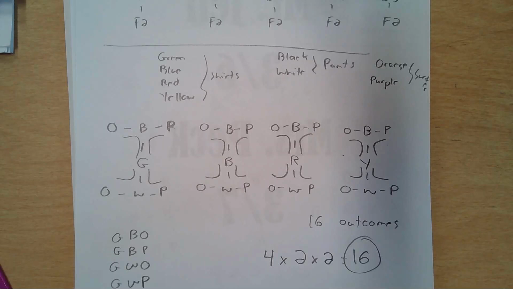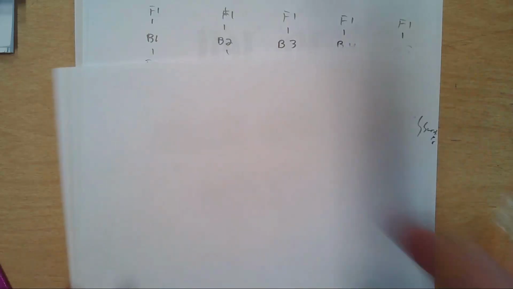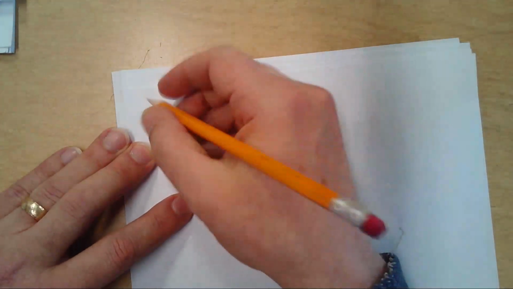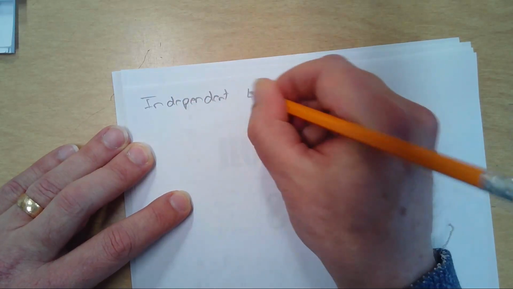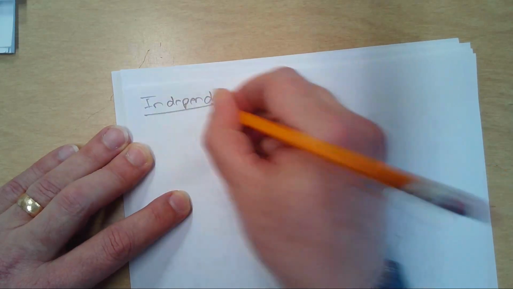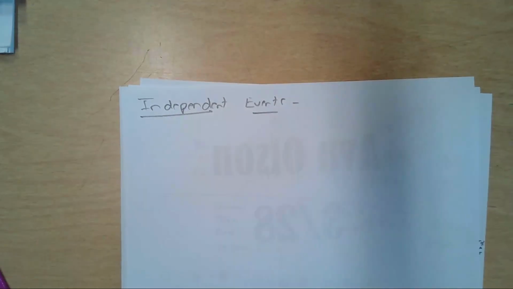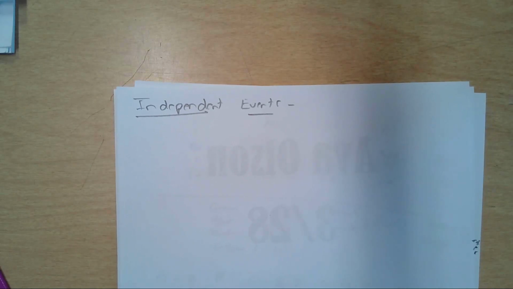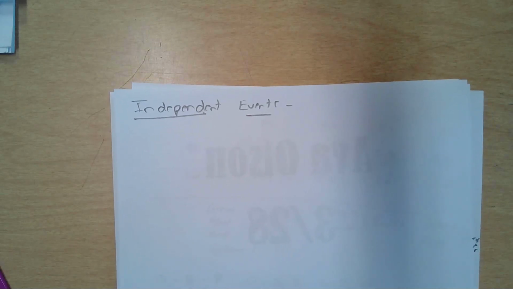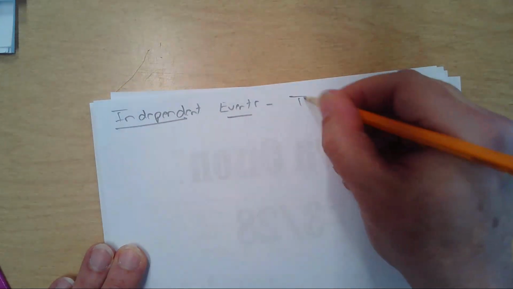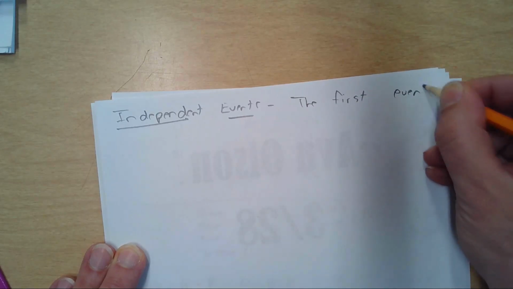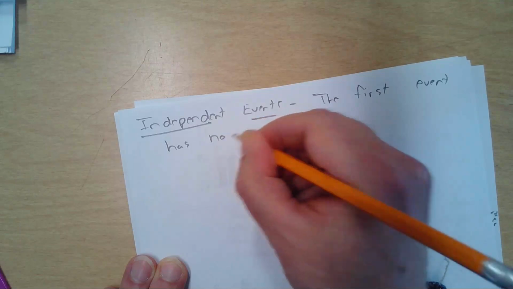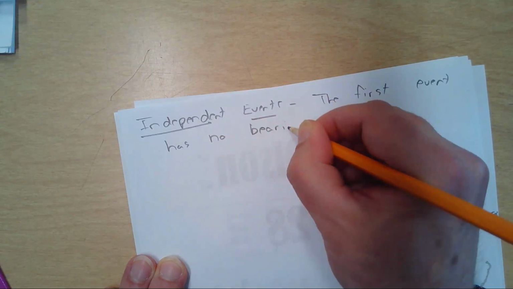Okay, now we need to talk about independent and dependent events here. Independent events. And this is always a little challenge. We covered this concept last year, independent versus dependent events. In independent events, the first event has no bearing on the second.